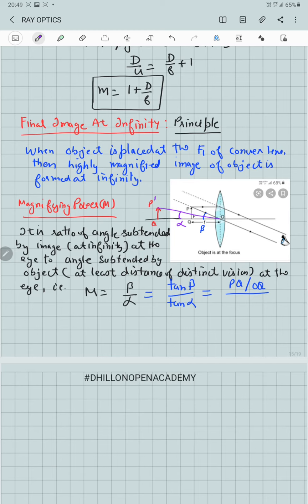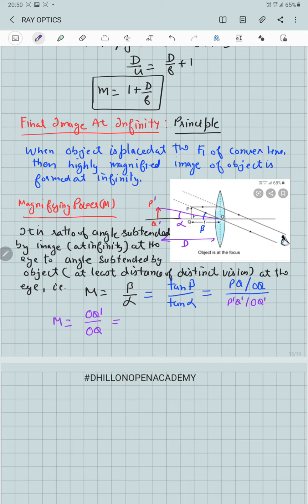In triangle P dash Q dash O, tan alpha will be equal to P dash Q dash over OQ dash. As P dash Q dash is just the object shifted to the least distance of distinct vision so that its angle can be measured, PQ and P dash Q dash are the same, so they cancel out each other. So M will be equal to OQ dash over OQ.